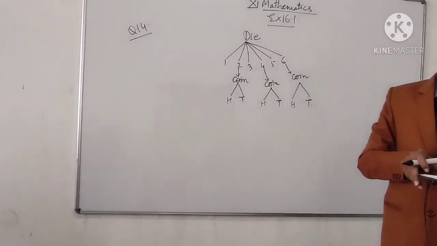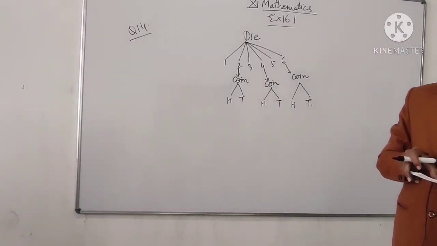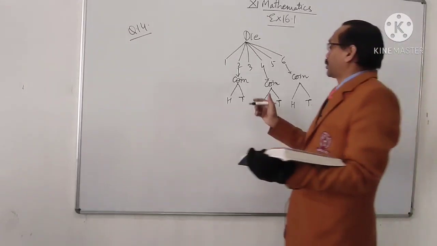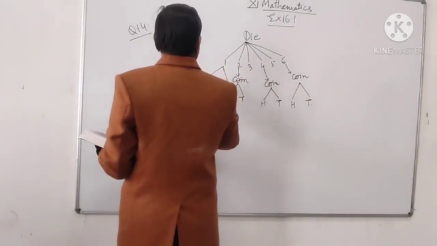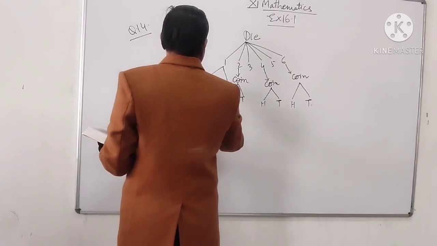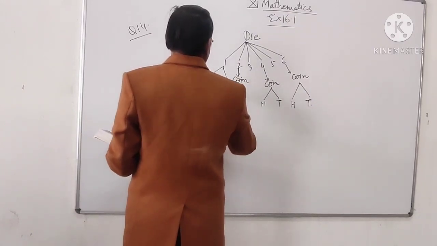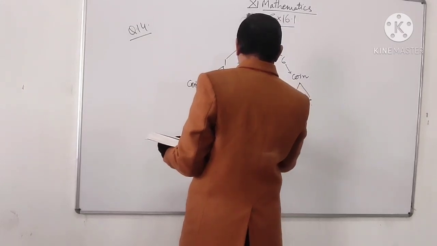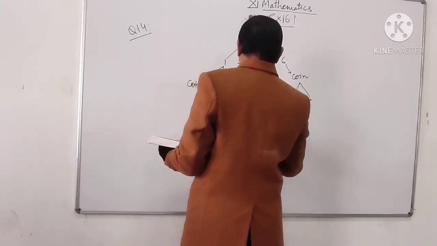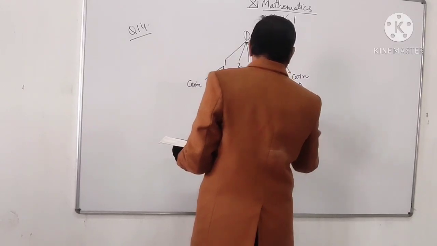If the number on the die is odd, the coin is tossed twice. So here, the person tosses 2 coins. When there is an odd number, then 2 coins are tossed.